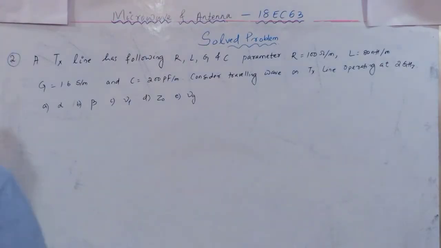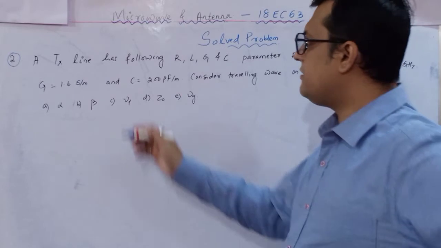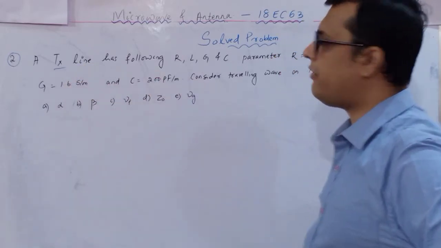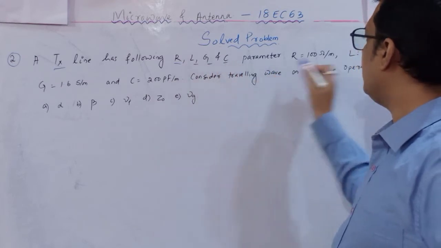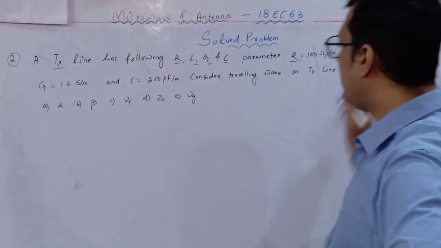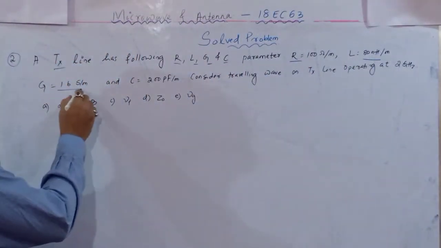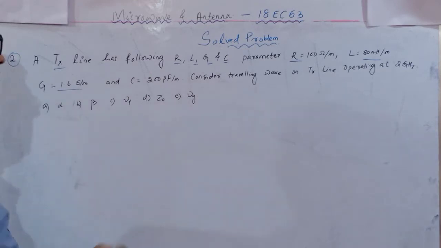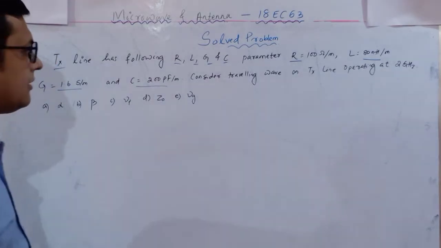Okay. So this is one more question. As I have written, a transmission line has the following parameters, that is R, L, G and C, whose values are 100 ohm per meter, 80 nanohenry per meter, then conductance is 1.6 Siemens per meter, and capacitance is 200 picofarad per meter.